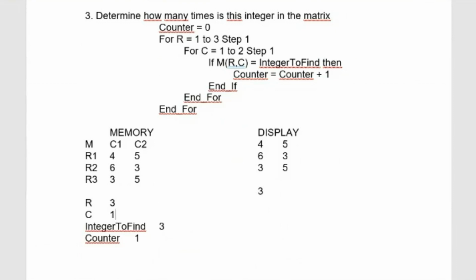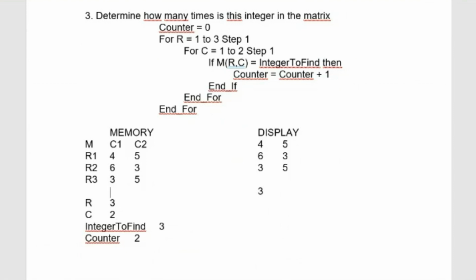Now ask if matrix M in position row 3 column 1 is equal to integer to find, that 3 is equal to this 3? Yes. So counter is equal to counter plus 1. And end if, that means increase C in 1.